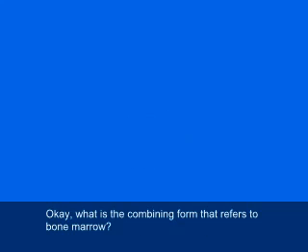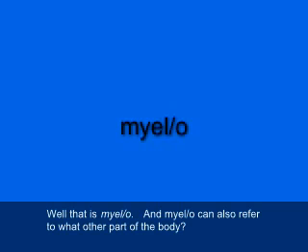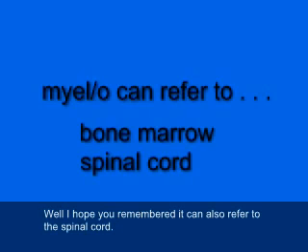Okay, what is the combining form that refers to bone marrow? Well, that is myelo, M-Y-E-L/O. And myelo can also refer to what other part of the body? Well, I hope you remembered it also can refer to the spinal cord.